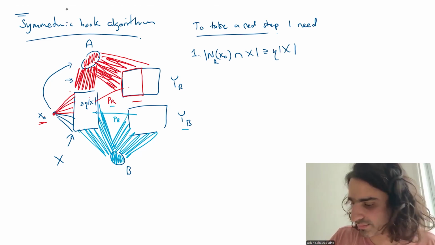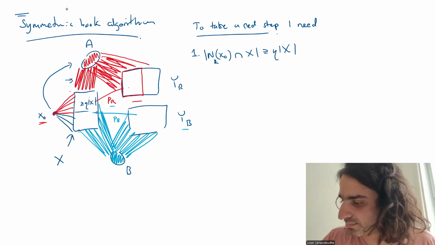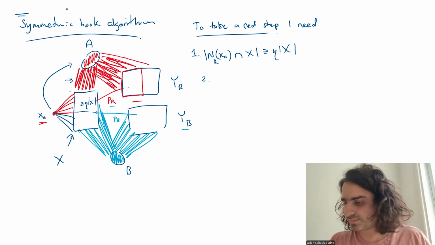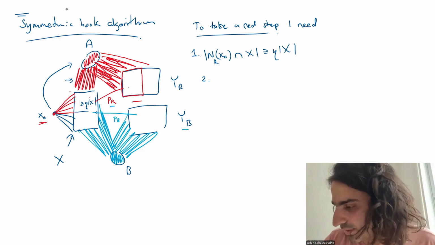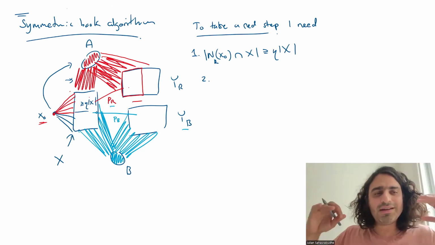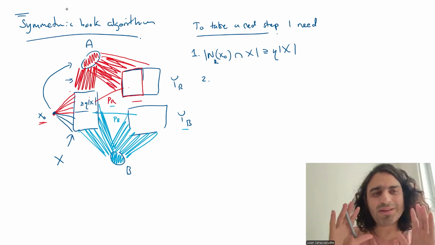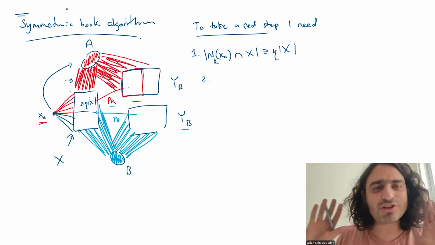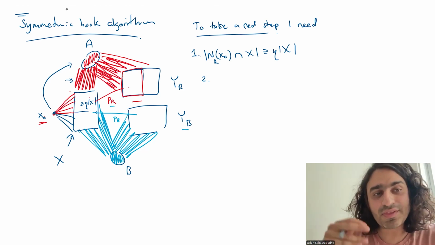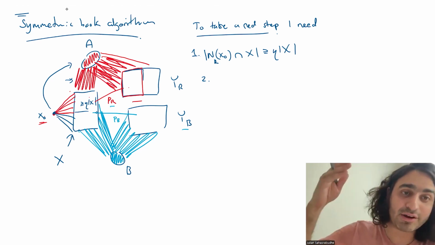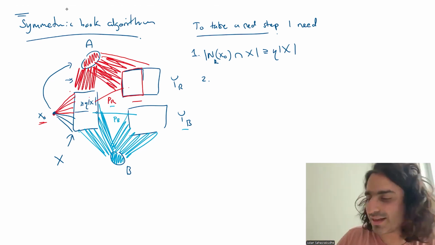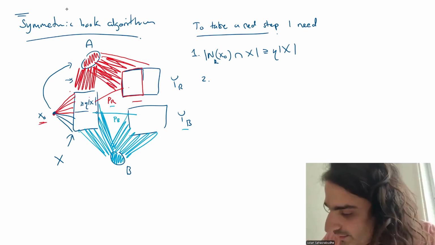That was just this observation I had here. Two, I need that the degree here is big, but you'll just grant me that the degrees are regular across. So I'll just say that the density here has to be big.